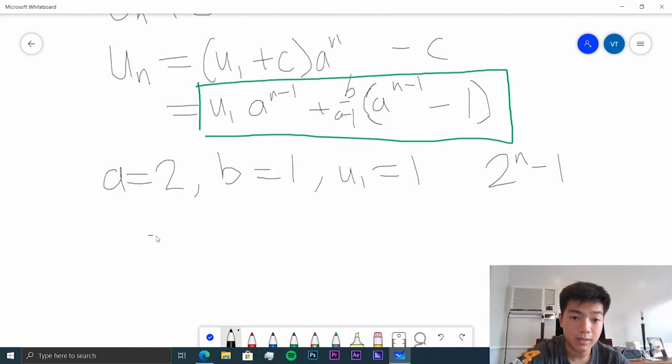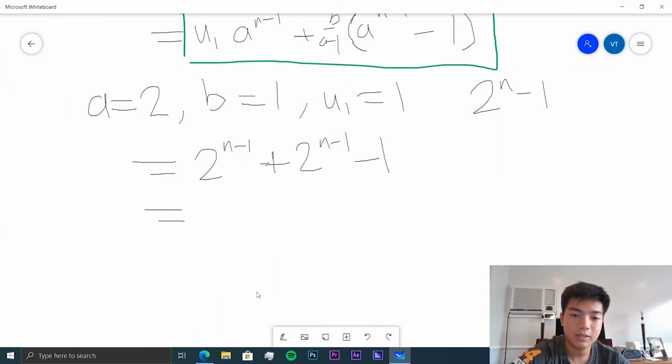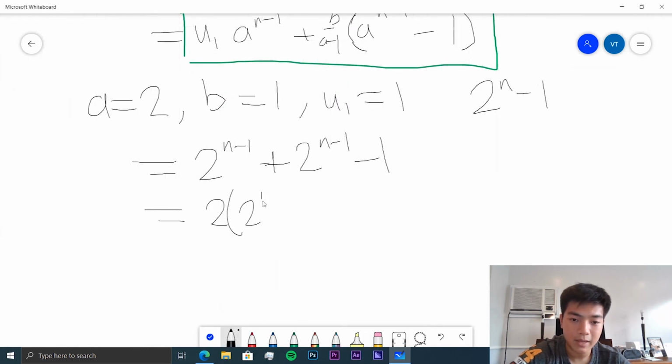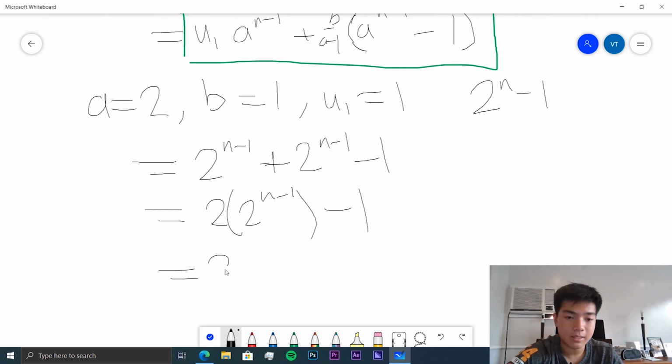So let's do that. That's 1 plus 1 over 1, times 2 to the n minus 1, minus 1. Since we're adding these two together, this is equal to 2 times 2 to the n minus 1, minus 1. And so this is equal to 2 to the n minus 1. So indeed, it is the same formula.